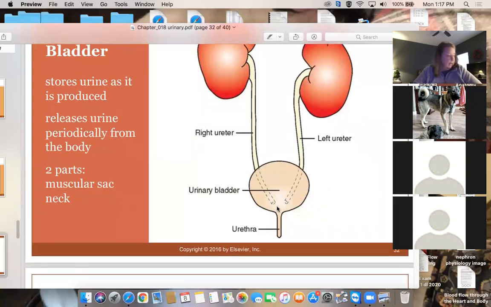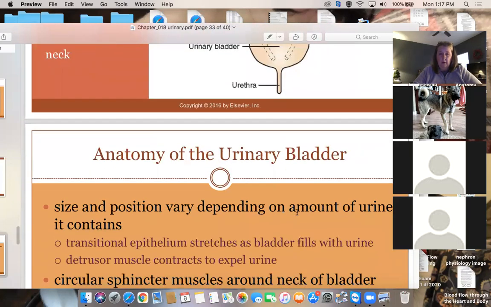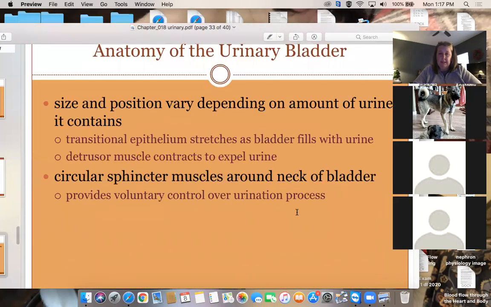Now, all the urine does, it's a muscular sac, stores urine until it's ready to be released. It does have a neck here at the trigone and then enters the urethra. The inside lining of the bladder is actually what's called a transitional epithelium. If you remember when we talked about linings, tissue, I talked about transitional cell carcinoma.